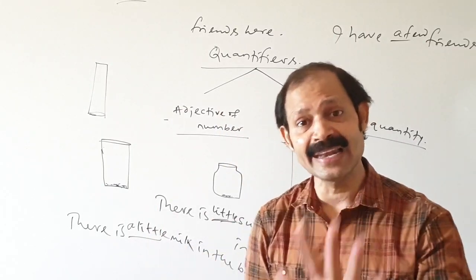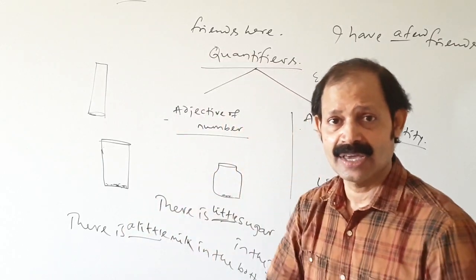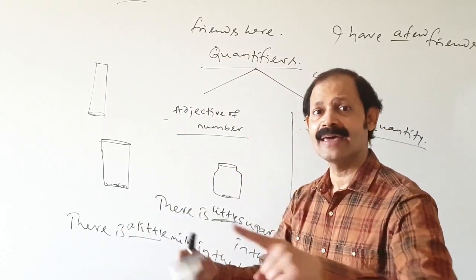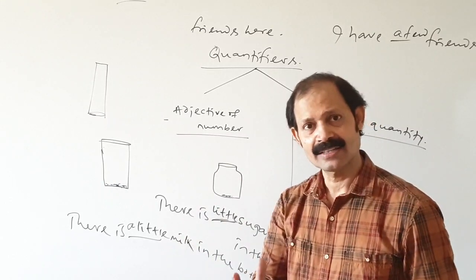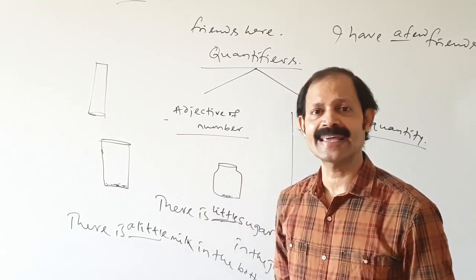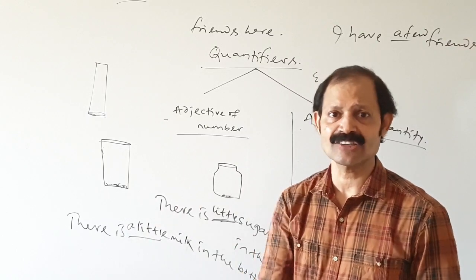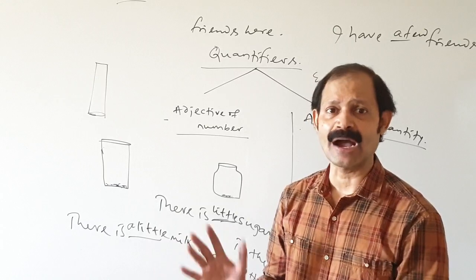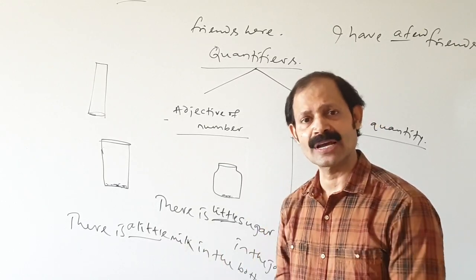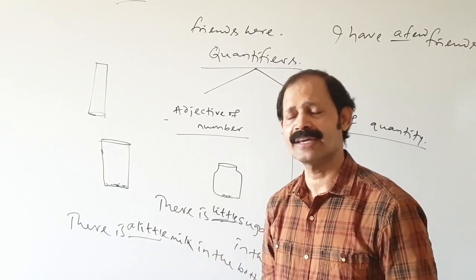So whether little or a little is to be used totally depends upon the expectation. If it meets the expectation, it is a few in case of countable noun, a little in case of uncountable noun. If it does not meet, in case of countable it is few, in case of uncountable it is little.